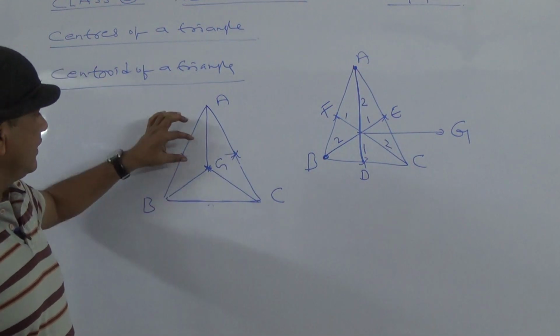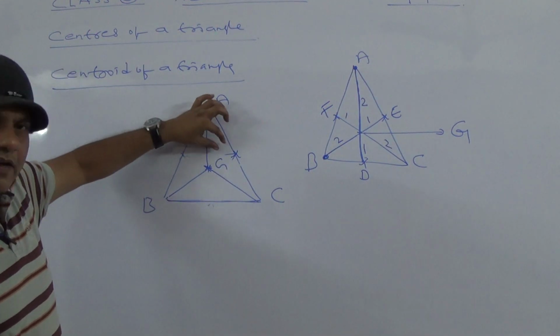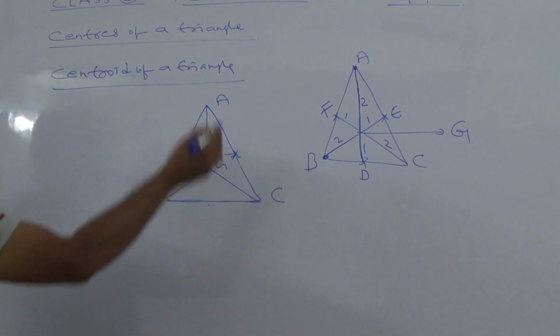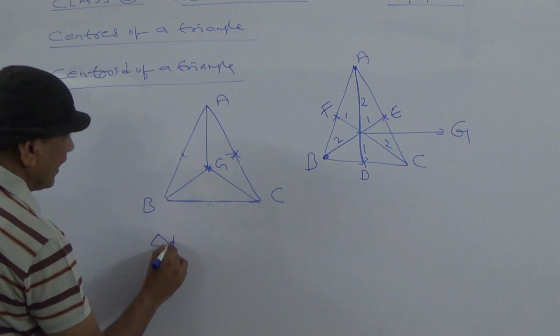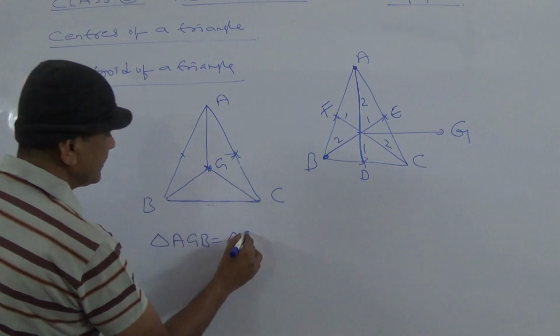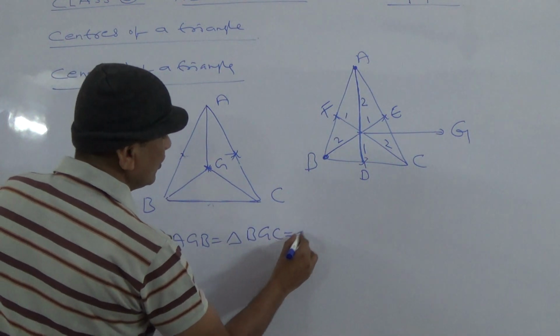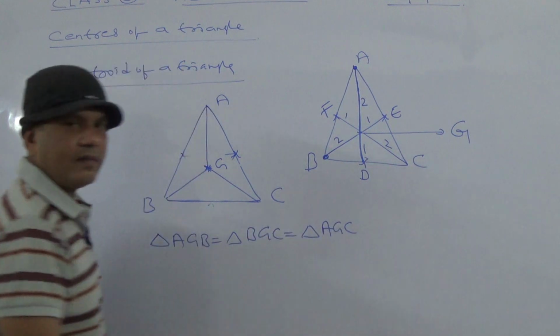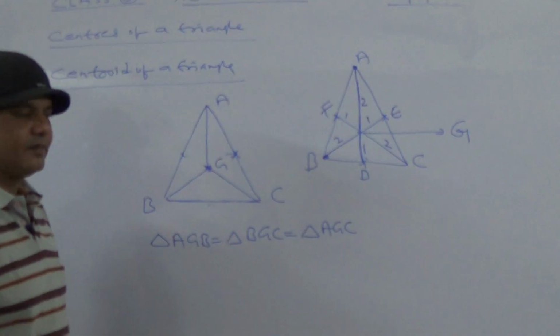That means area of triangle AGB is equal to area of triangle BGC, BGC is equal to area of triangle AGC. If G is the centroid.